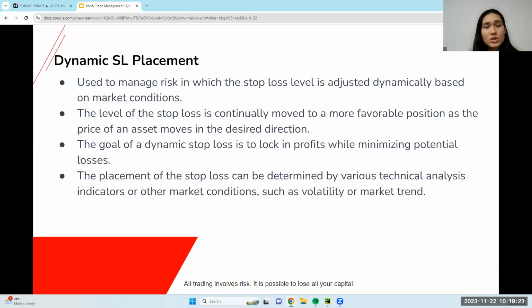The level of the stop loss is continually moved to a more favorable position as the price of an asset moves in the desired direction. The goal of a dynamic stop loss is to lock in profits while minimizing potential losses. The placement of the stop loss can be determined by various technical analysis indicators or other market conditions, such as volatility or market trend.